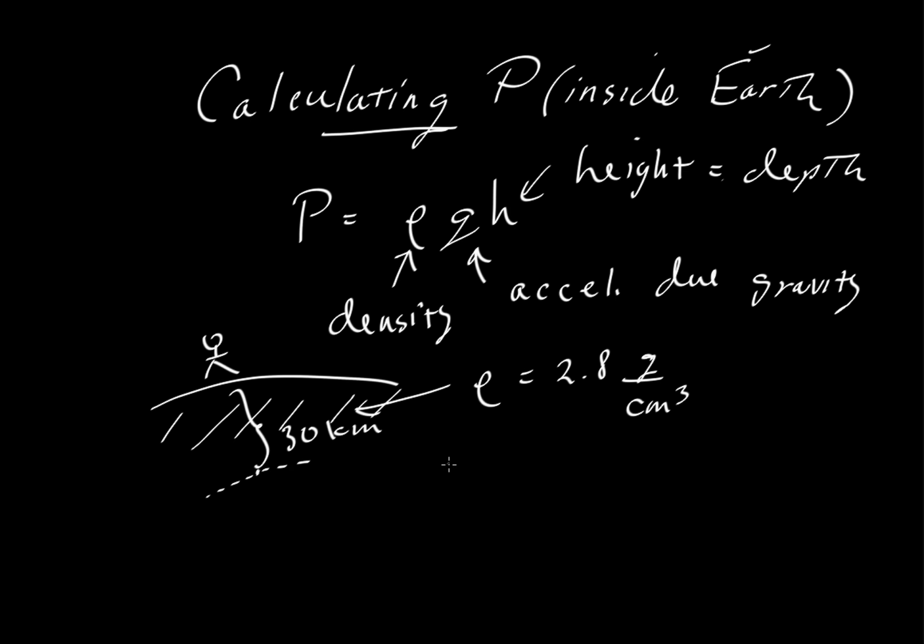Well, let's erase the chalkboard to give us a little bit more room. The pressure would be equal to, well, we're going to have to do a conversion. We have density as 2.8 grams per cubic centimeter. So we're going to convert that into kilograms per cubic meter. So that'll be 2,800 kilograms per cubic meter.